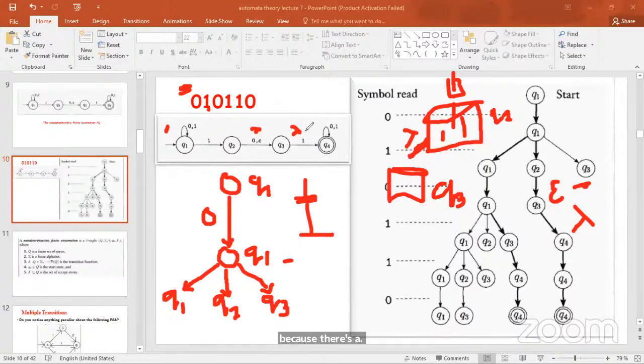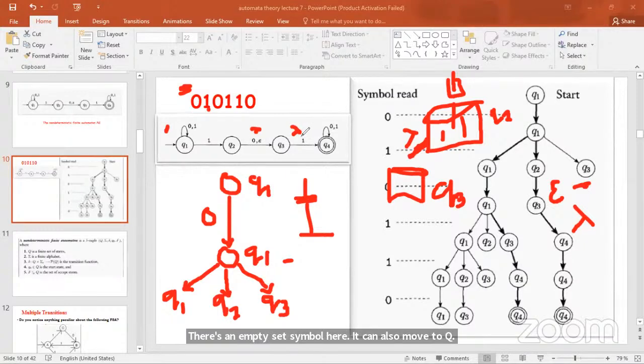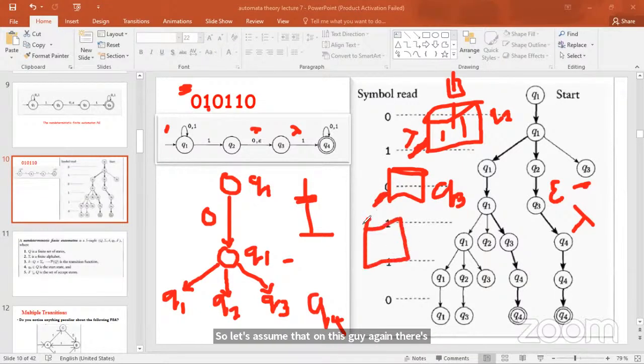Now, let's assume that here again, we have an empty symbol. It can also move to Q4 without reading anything. Let's assume that on this one again, there's another empty symbol. It can still move to another state, called Q4.